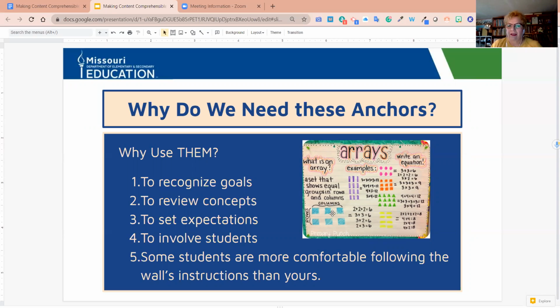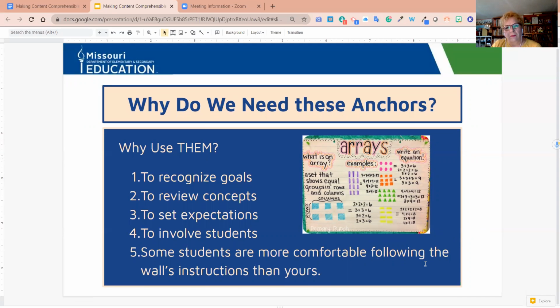And it just cements it into their minds so that they have a better understanding of what we're learning. A lot of times, even if I've taken the posters off the wall, I'll see the students looking to that spot on the wall where it was and remembering what was there, and just knowing that it was there at one time helps them to put that picture back in their minds and make that association.